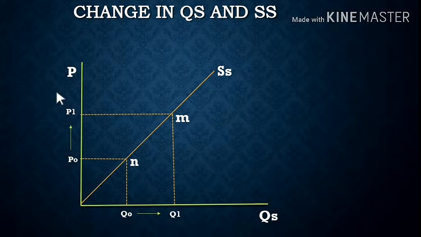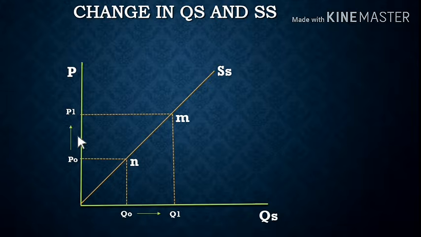ስለዚህ because price has increased, price ስለጨመረ ብቻ we have moved from n to m point ሄደናል ማለት ነው. ስለዚህ supply curve ይሄ curve ምንም ወደዛም ሳይሄድ እዛው ባለበት ላይ we are moving on it, አይደል. So we call it movement along the curve እንለዋለን. በምን ምክንያት ነው ከn ወደ m የሄድነው? Because of a price increment.